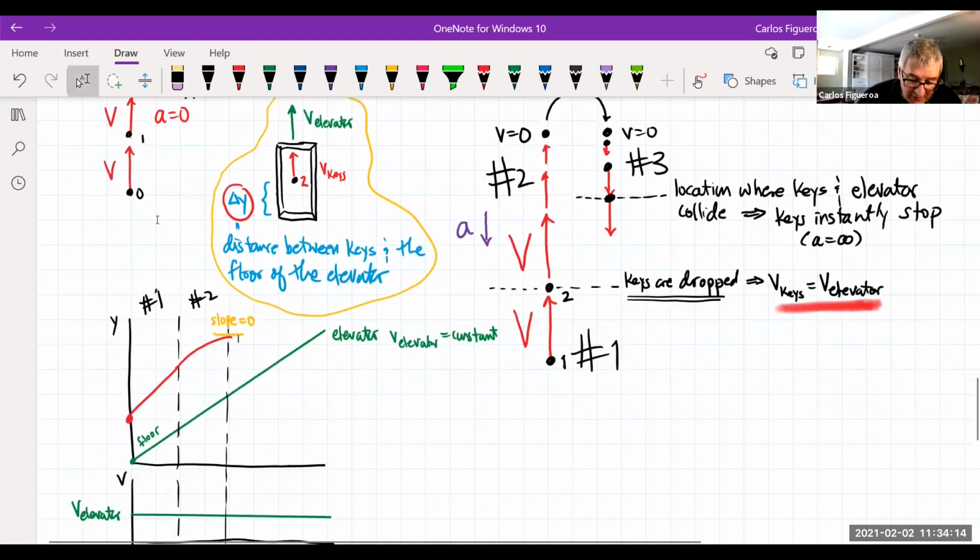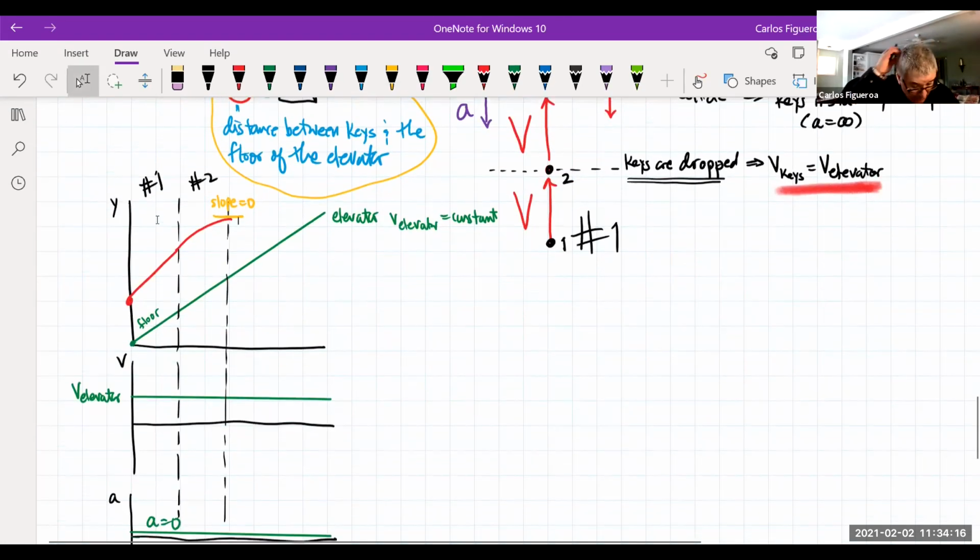So what I'm seeing here is that I'm looking at the speed of my elevator and of the keys. Look at the first part. The speed of the keys and the elevator should be the same. So I'm just drawing it a little bit, and clearly the red is that. And look what happens to the speed.